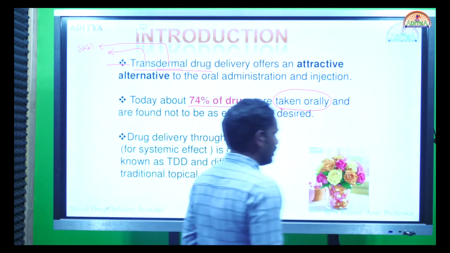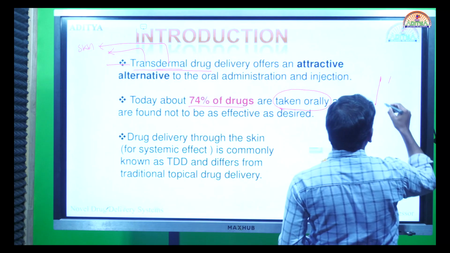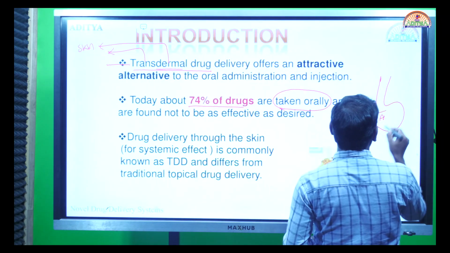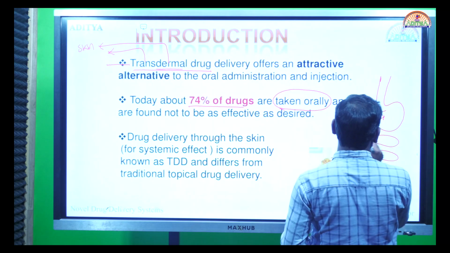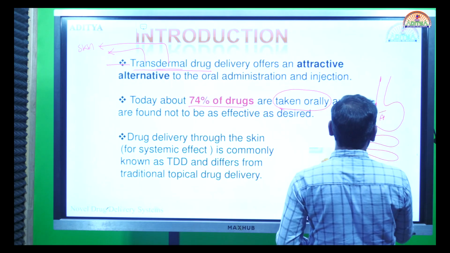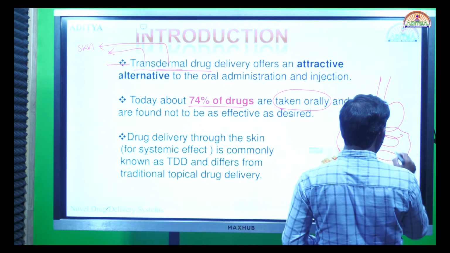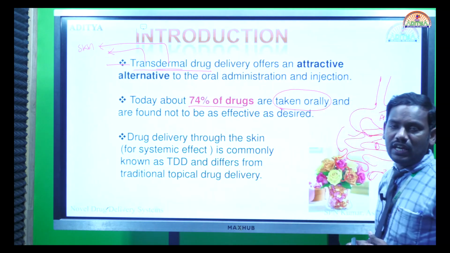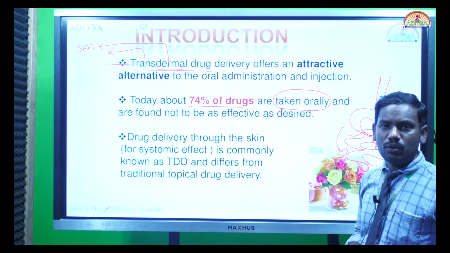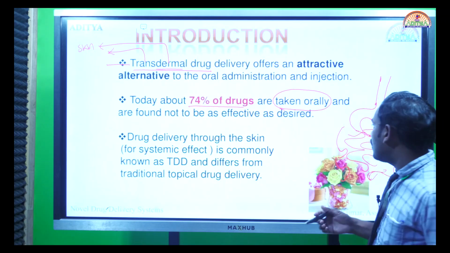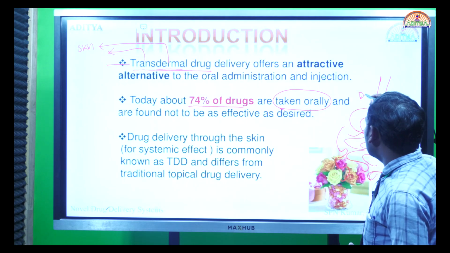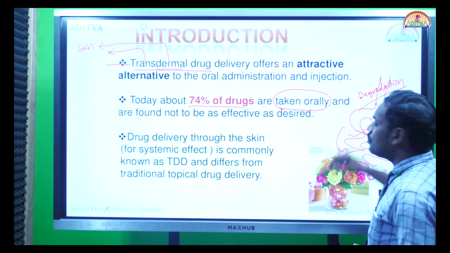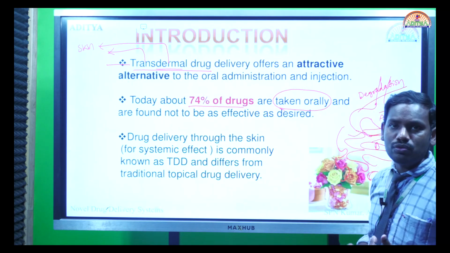There are certain drugs which undergo degradation in the acidic environment, or in some cases undergo degradation in the alkaline or basic medium. So these kinds of drugs cannot be given through the oral route. Why? If they are given, they are going to get hydrolyzed or undergo degradation in the gastrointestinal milieu. So we have to choose an alternative route.